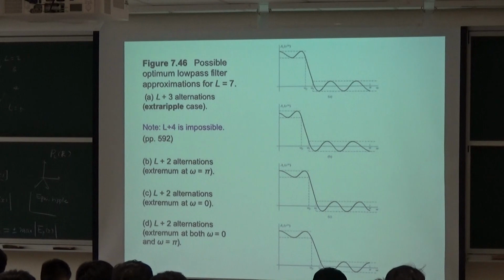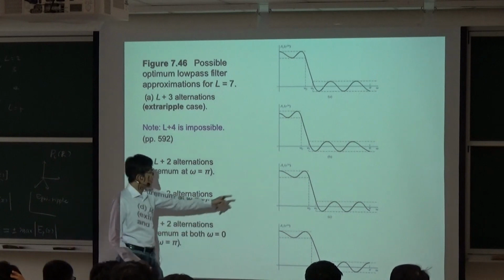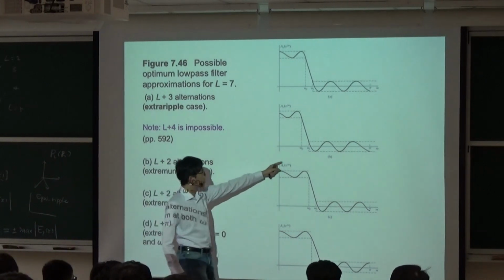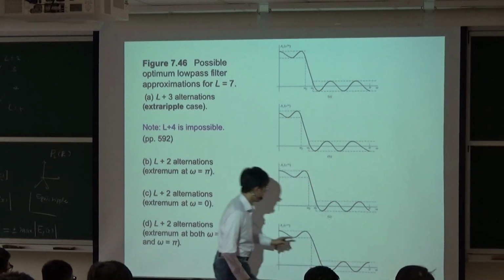I say hard because it's kind of by luck. So let me suggest it: when will we have an extremum at DC, when do we have an extremum at Nyquist, and when do we have an extremum at both?